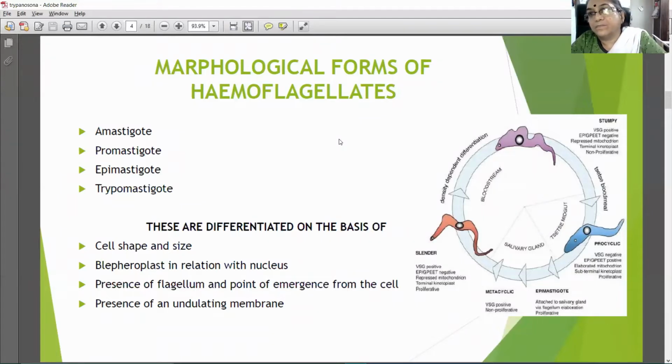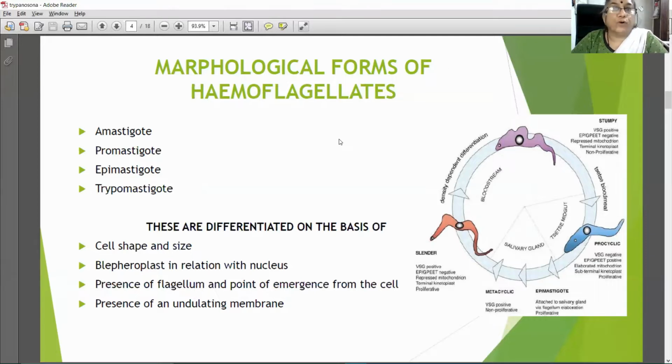Hemoflagellates exist in four forms. These four morphological forms are amastigote, promastigote, epimastigote, and trypomastigote.